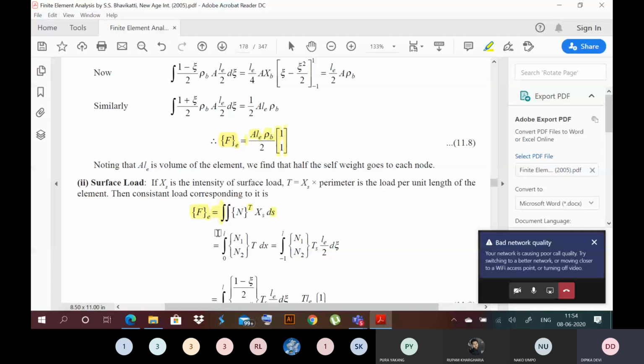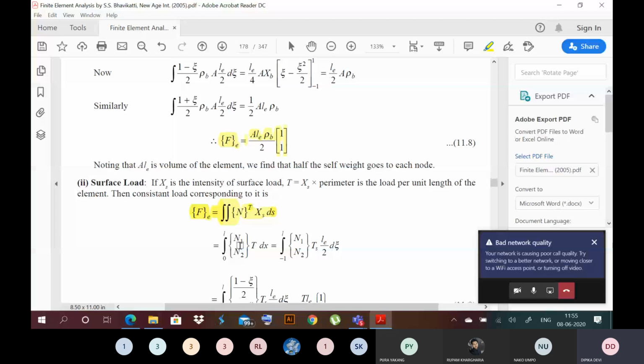Then replace the value of N transpose, which will be a column vector N1, N2. Now what is the value of the surface traction? In this expression, the surface traction is per unit area.